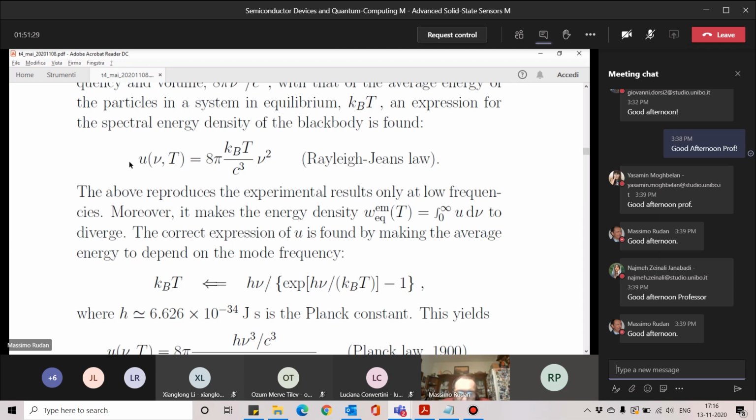And this was called the disaster, the catastrophe of the ultraviolet, okay, because the high frequencies correspond to the ultraviolet radiation, okay? So, of course, this formula is wrong. It is a good approximation at low frequency, but it doesn't work in general because the integral of it would diverge, okay?